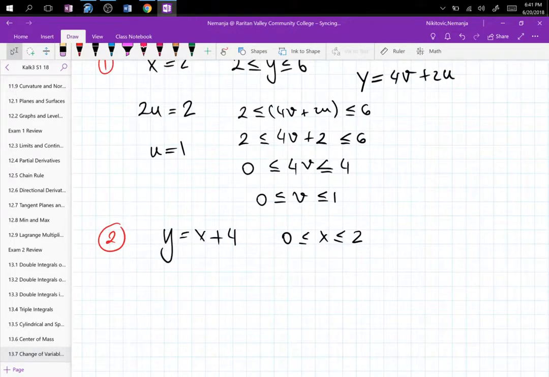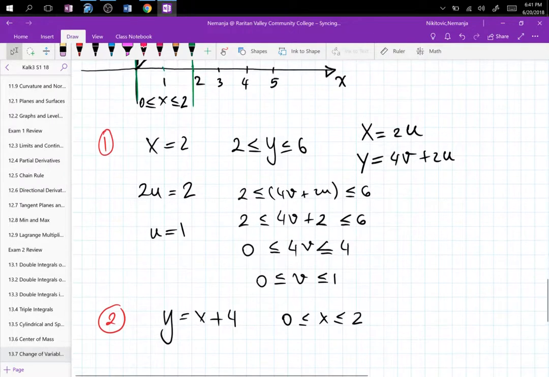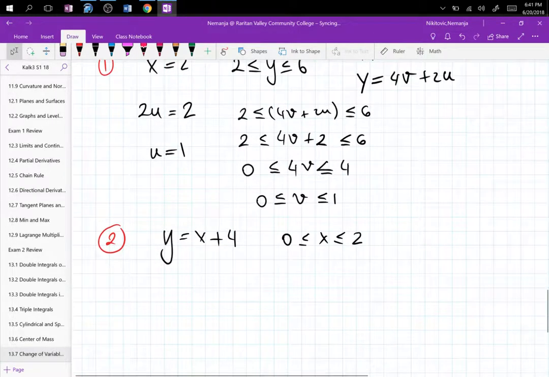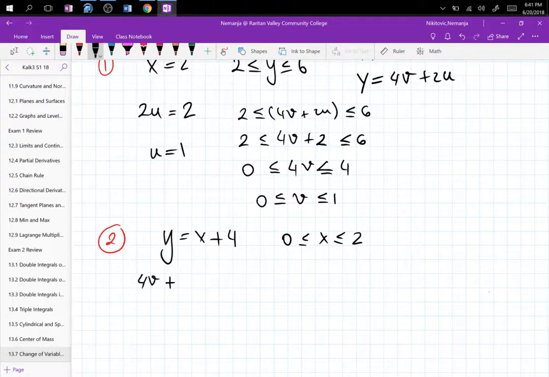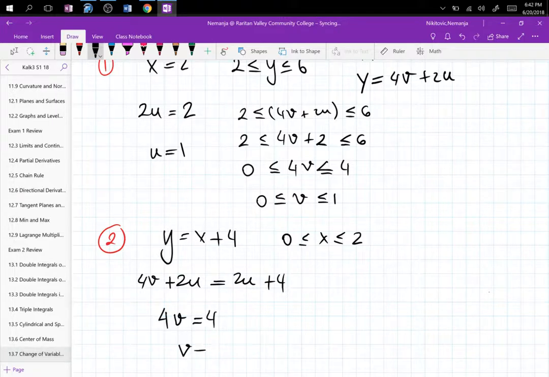All right, so we have the same drill. We have our functions, and now it's time for us to transform this. Every y gets plugged in, every x gets plugged in. So what I have is that x is 2u, so y is 4v plus 2u equals 2u plus 4. From here, 4v is equal to 4, and v is equal to 1.